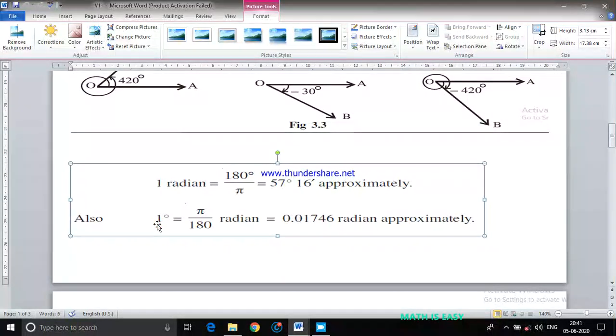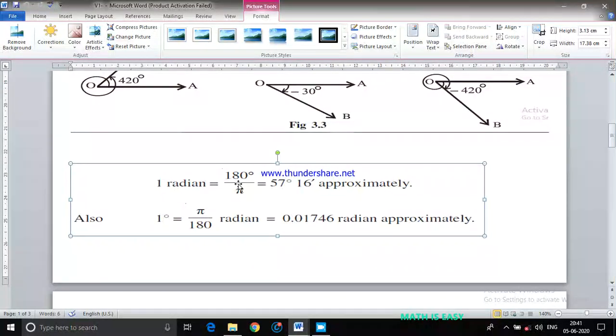Or you can write 1 degree equals to pi upon 180 radian. Okay, both are the same only. Just bring this pi this side, you will get pi radian equals to 180 degrees. 180 degrees you can write as 180 into 1 degree. Now 180 will come to the right side.